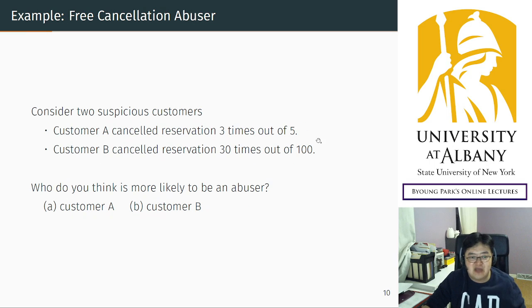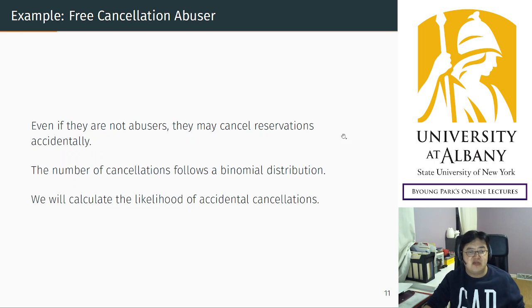It is possible that customers A and B were really unlucky, like a car accident happens 3 times out of 5 trips, or 30 times out of 100 trips. That is possible, not 0%. We cannot rule that out, but we can calculate how likely that is.